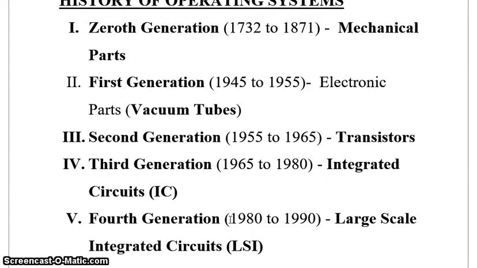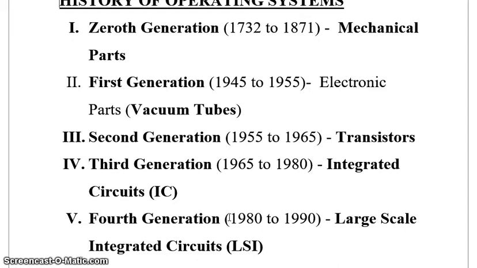Next, in the 2nd generation, transistors were used. In the 3rd generation, it was in the year 1965 to 1980, integrated circuits, that is IC chips, were used. In the 4th generation, they used large scale integration circuits. It was from the year 1980 to 1990. Now we are in the 5th generation, which we'll be seeing later.